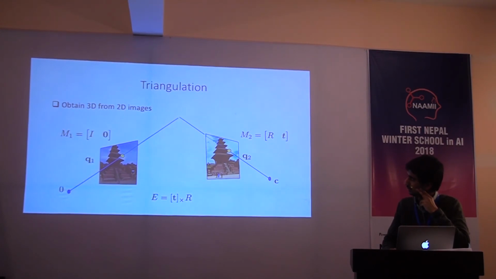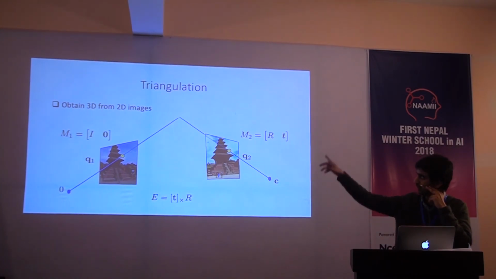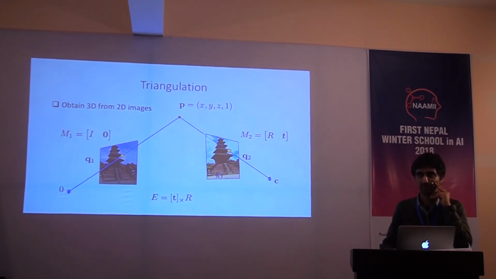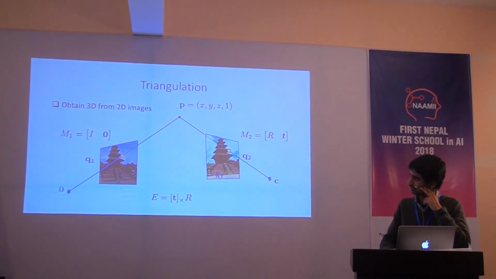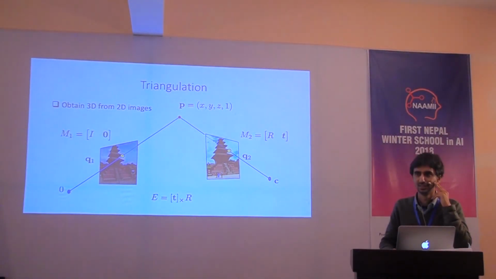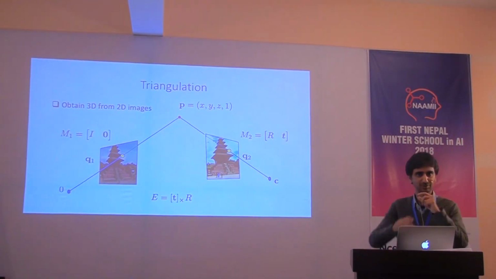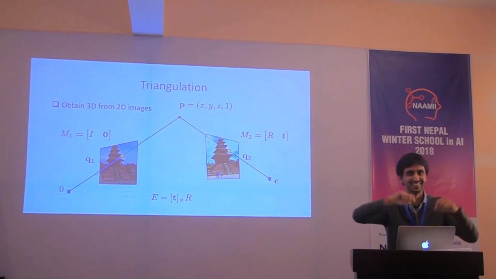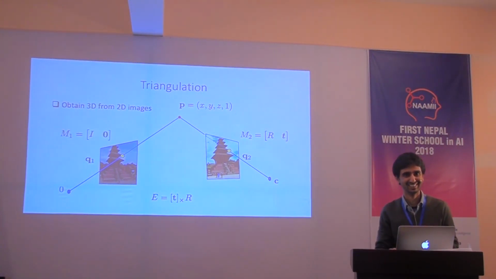Then what you can do is draw lines, rays from the origin through Q1 and so on, and see where they meet Q2 to get P. So now this is again linear algebra. How would you draw lines and connect them if you are doing it in a computer? Do you draw on the screen, or how do you do it?